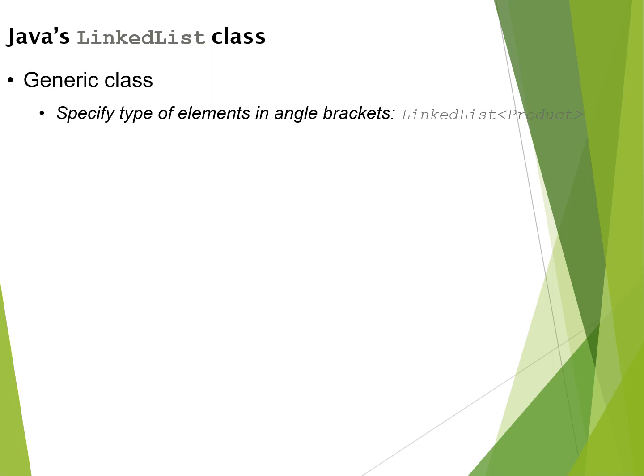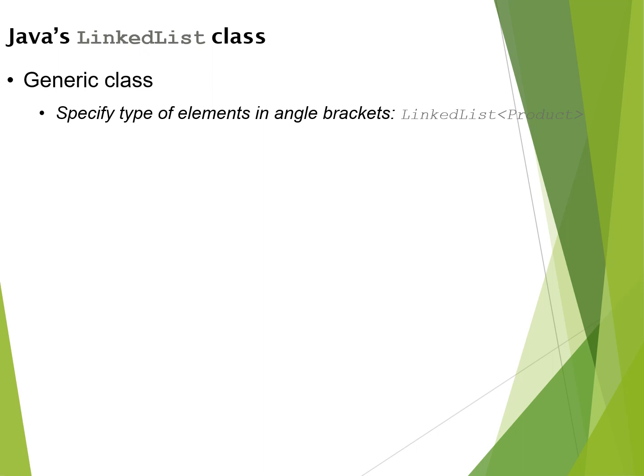For example, if you want to have a linked list of a class like product, you can write linked list, open angle bracket, product, close angle bracket. The whole thing, the linked list and the class name enclosed in angle brackets, is the name of the linked list that you have.